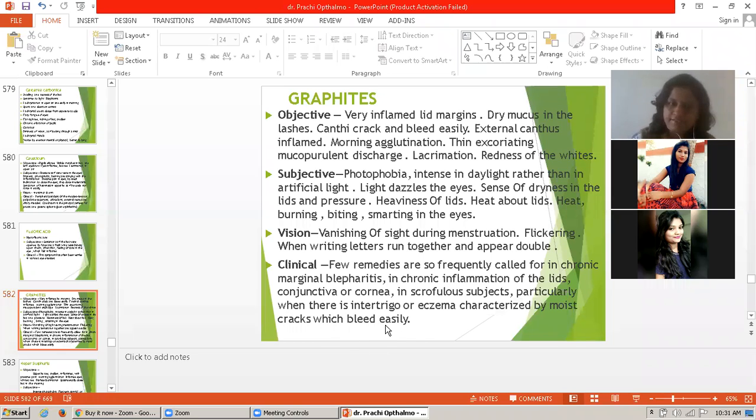So, Graphites is also a useful remedy for diseases of the lacrimal apparatus when the external canthi are inflamed, with morning agglutination, thin excoriating mucopurulent discharge and lacrimation.